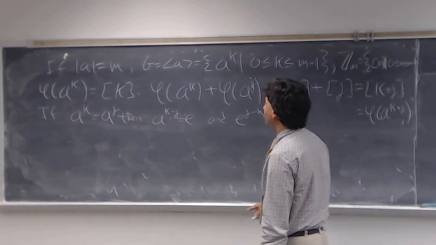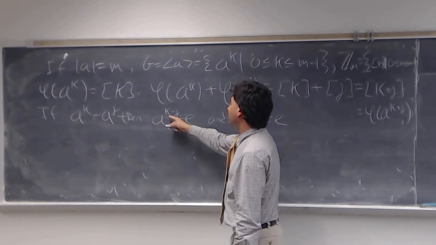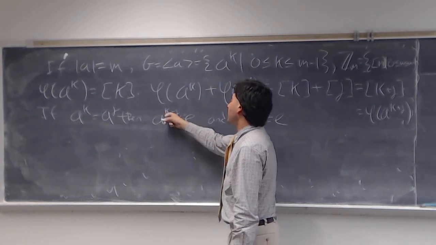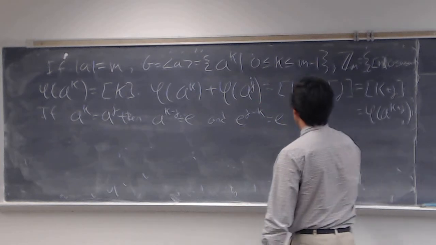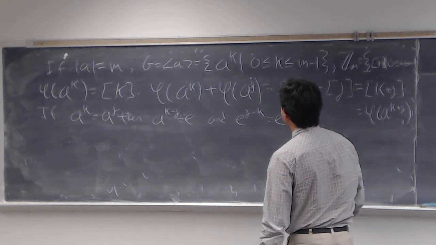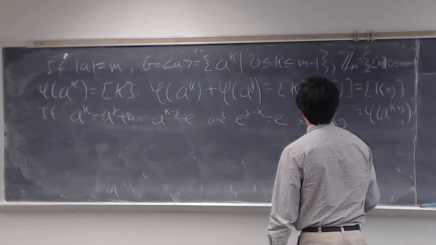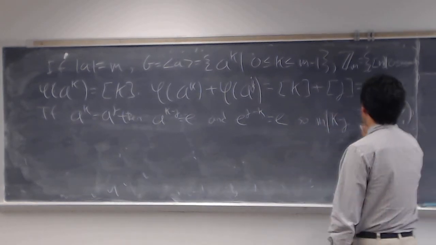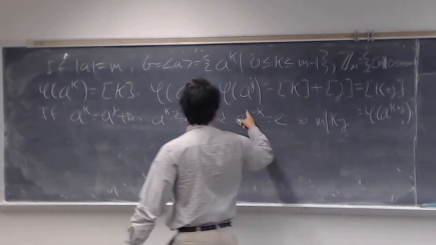But remember, m is the smallest power, so if a raised to any integer gives you the identity, that means the order must divide it. So m would have to divide x minus j.